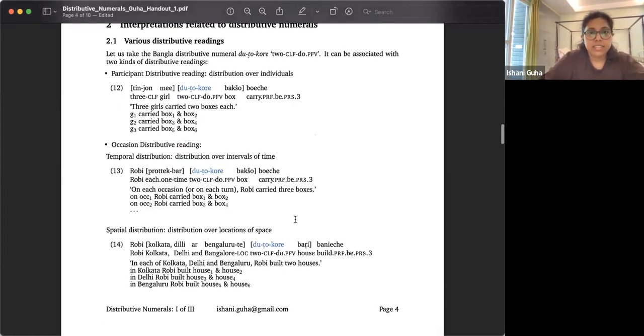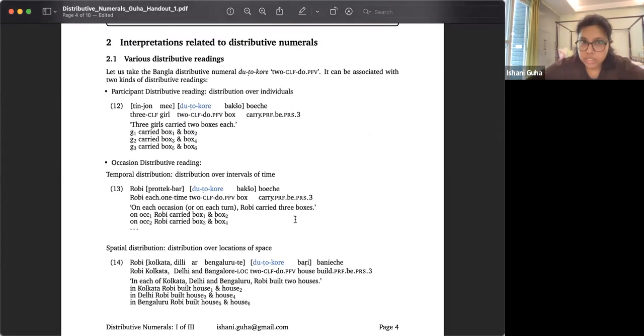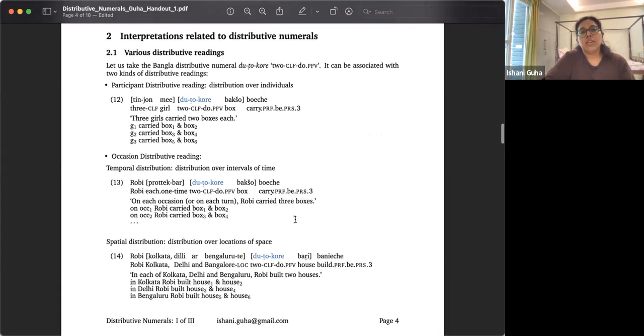Okay, given that, let's move on to the interpretations, right? So, of course, this is the most important thing to understand about distributive numerals. So, distributive numerals have broadly two aspects of meaning.